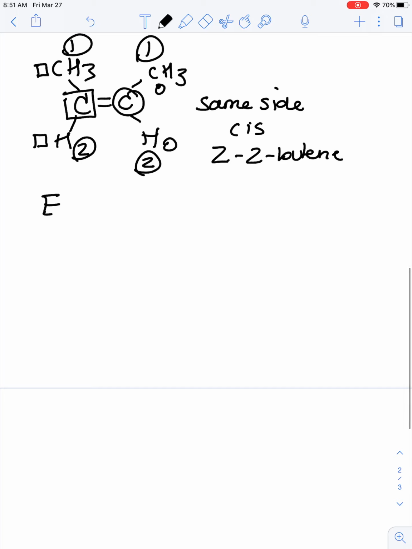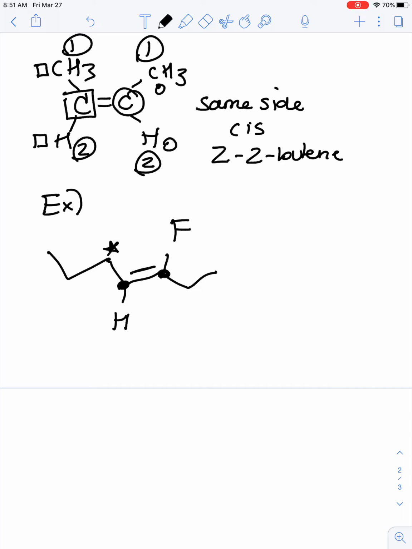All right, let's look at another example. If we have something that looks like this, we have this carbon right here that we're looking at and this carbon right here. If we look at this chain versus this hydrogen, this chain is going to have higher priority than our hydrogen on this carbon.